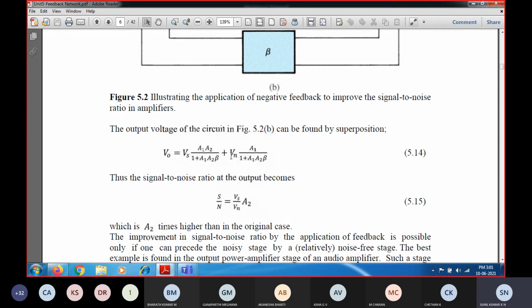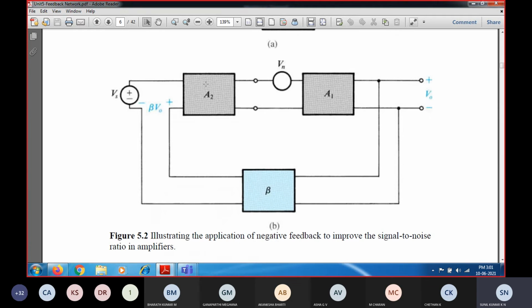So Vs by Vn: if you substitute, 1 plus A1 A2 beta cancels, and A1 also cancels. We are left with Vs divided by Vn, into A2. A2 is the gain of amplifier 2, the clean amplifier.